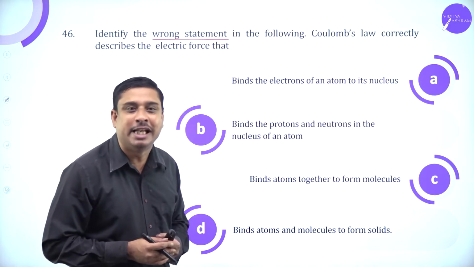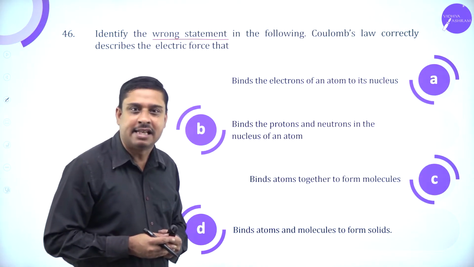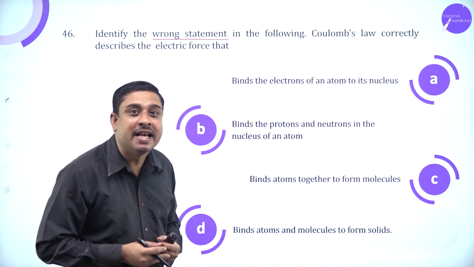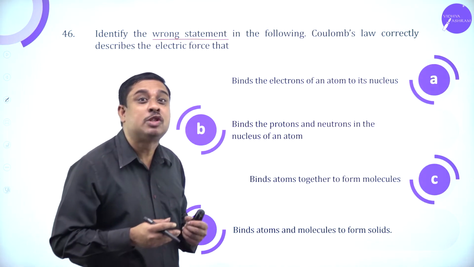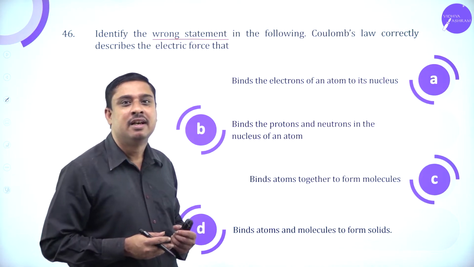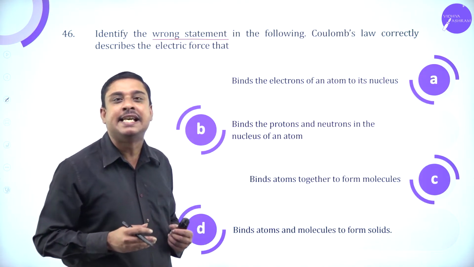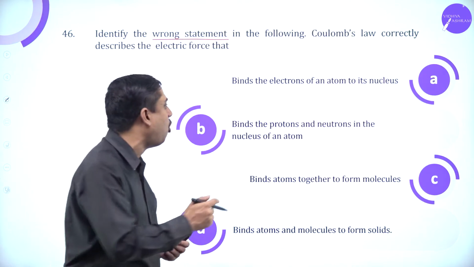Bound to the nucleus. Yes, it is giving the condition where electrostatic force between the nucleus and the electron is equal to centripetal force.